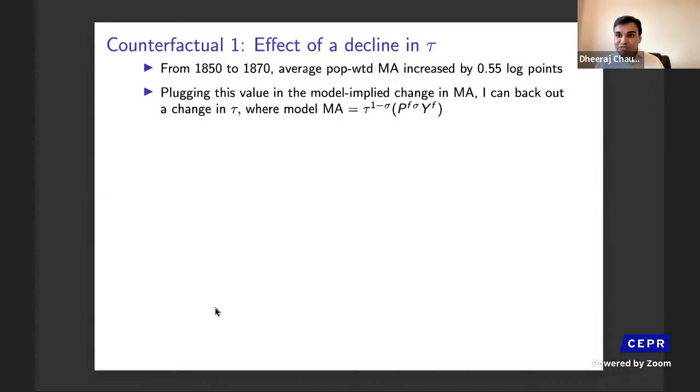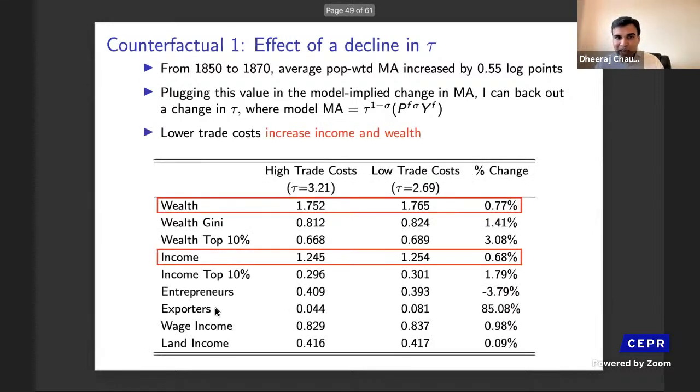From 1850 to 1870, it goes up by approximately 0.55 log points. And then I feed in this change in market access. For the model implied change in market access, I can back out a change in tau. And I find that trade costs go down from tau 3.2 to tau 2.7.